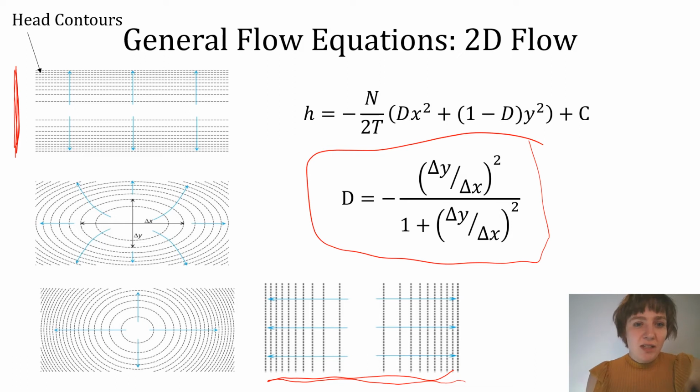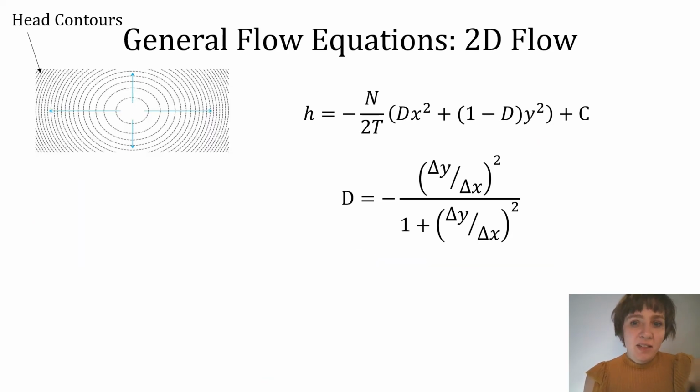So in the case of 1D flow in the y direction, d would actually just be set equal to 0. And for 1D flow in the x dimension, you're going to set d equal to 1. It's only when you have flow in both dimensions that you're going to need to use the equation to calculate d.